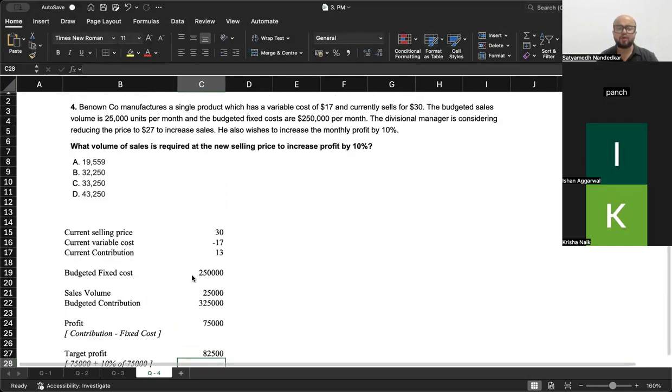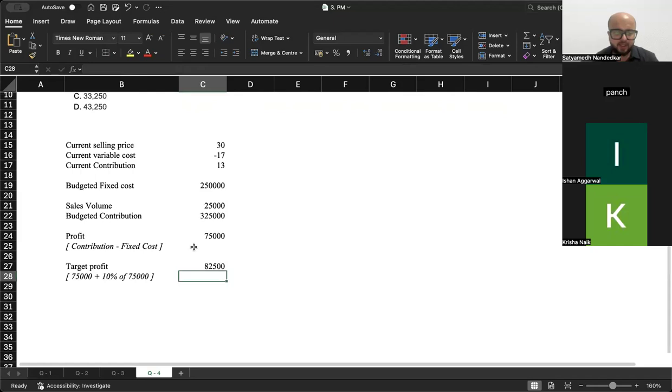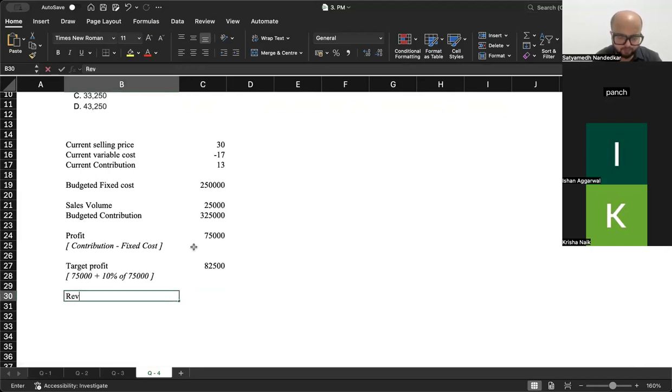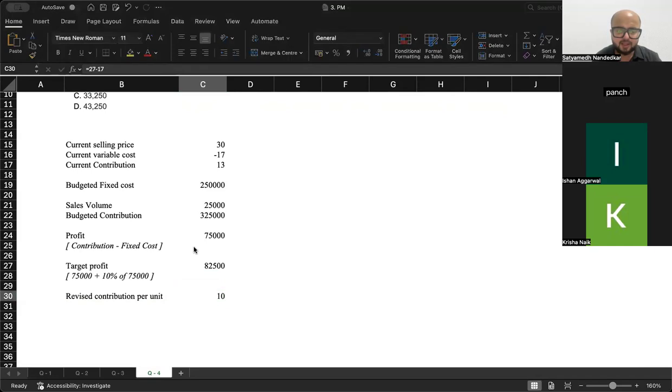And what is the new contribution per unit? They have reduced the selling price to 27. Variable cost is 17. 10. Revised contribution per unit 27 minus 17, that is 10. Correct. Now, target profit is 82,500.